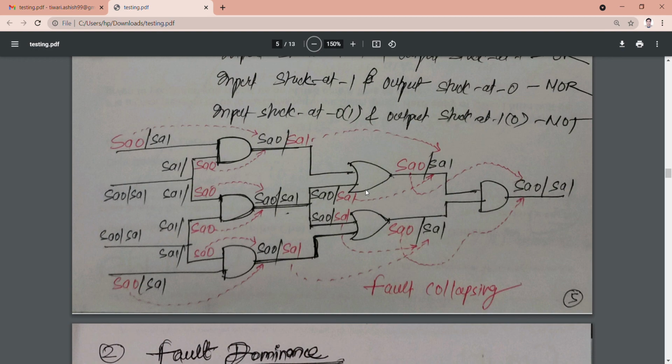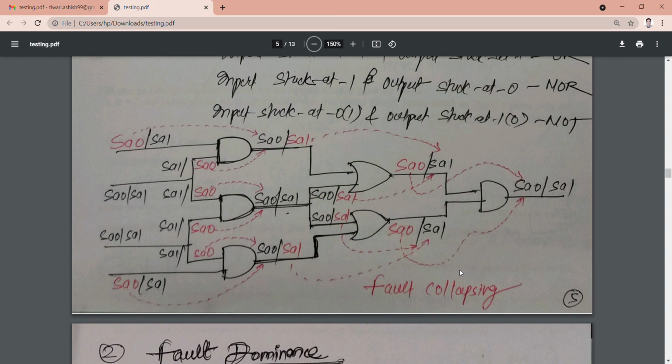Similarly, in case of the OR gate, just opposite to the AND gate, SA1, SA1, SA1 here. In case of the AND gate again, SA0, SA0. So all those shown in red color are not needed, they can simply be deleted, and only the rest of the faults we will consider. So this is known as fault collapsing.